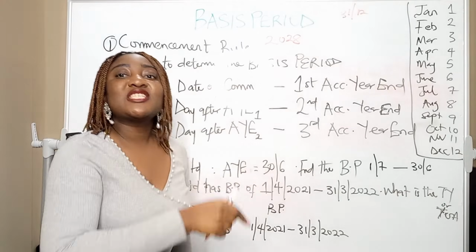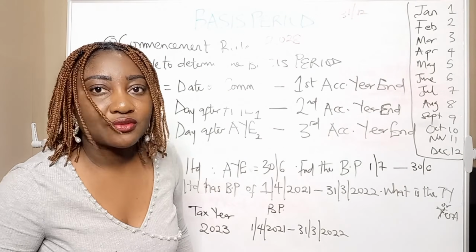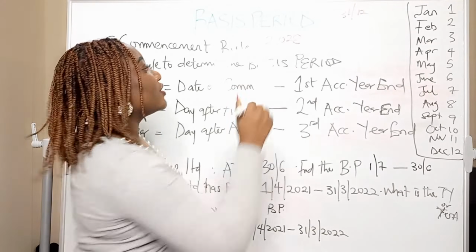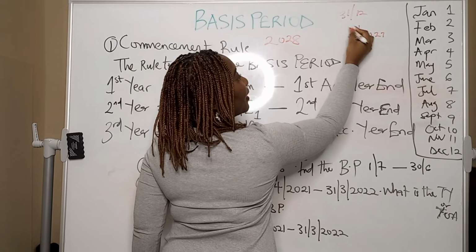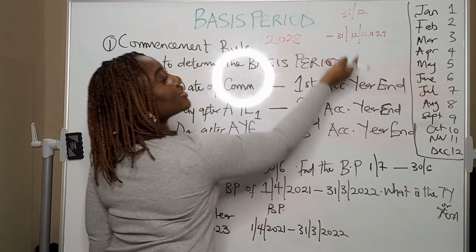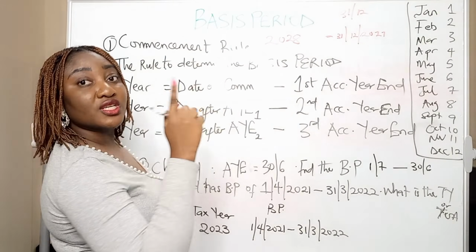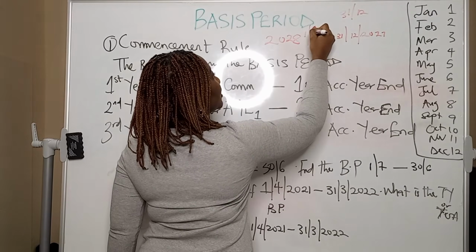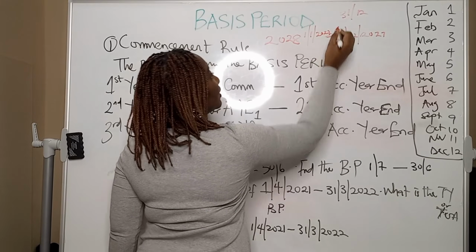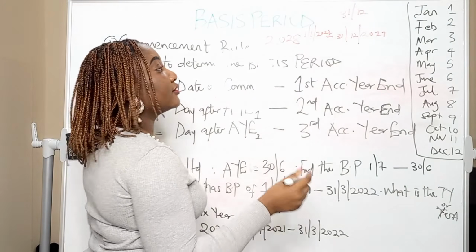Know that the basis period must end in 2027. That is the preceding year. So we'll start from the end. 2027, December 31st. Then since that started 12 months ago, because a normal basis period must have 12 months, that's 1st of January 2027. Can you see that?